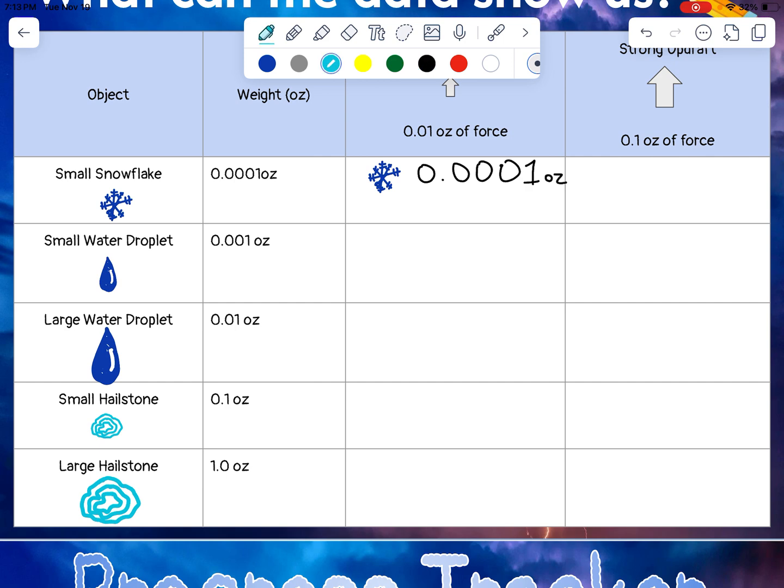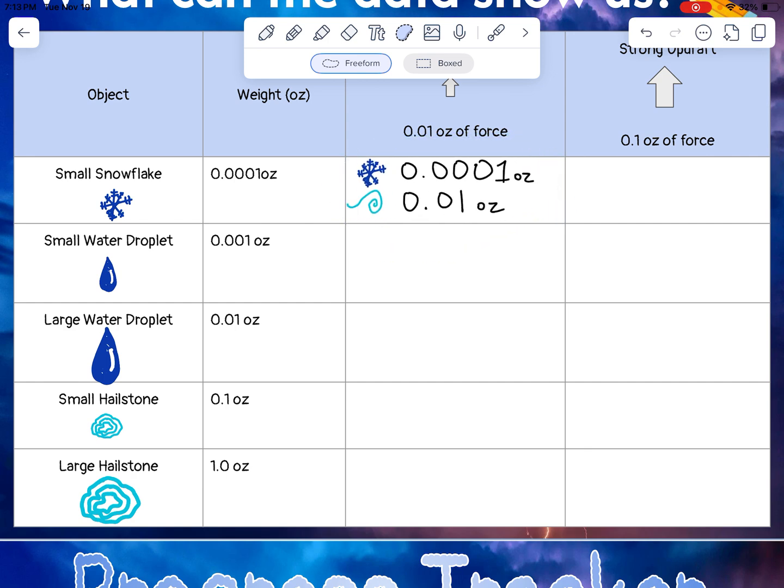And the updraft, the air pushing up on that snowflake, has a force of 0.01 ounces. When we look at this, we can compare these two. 0, 0, it's a tie. 0, 0, it's a tie. 0, 1, we have a winner. So in this case, we would observe that it rises.